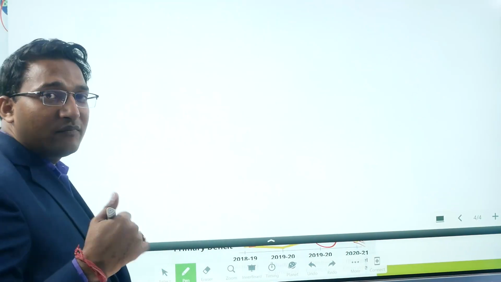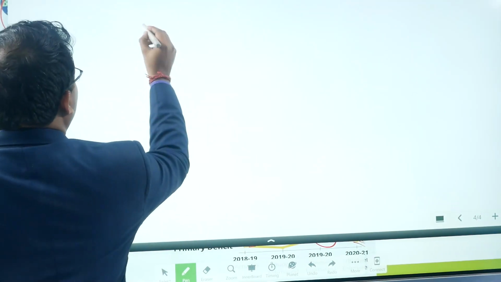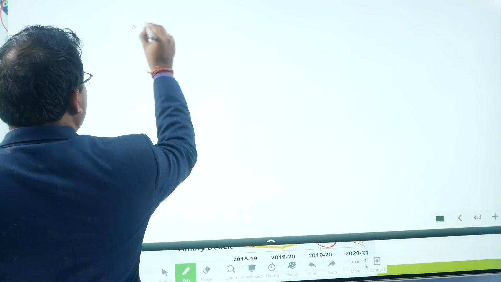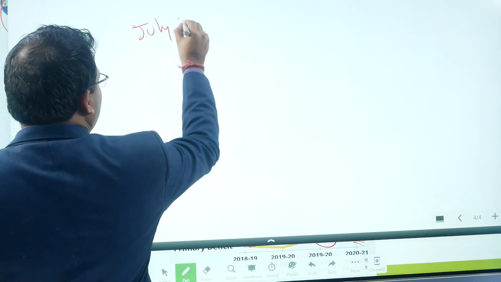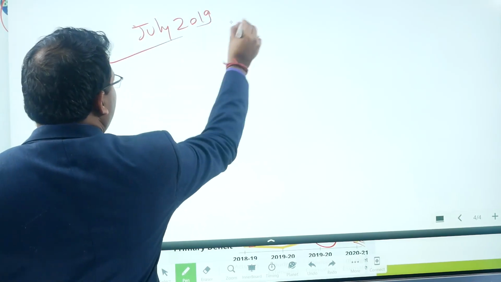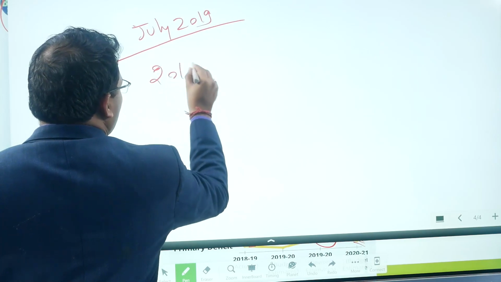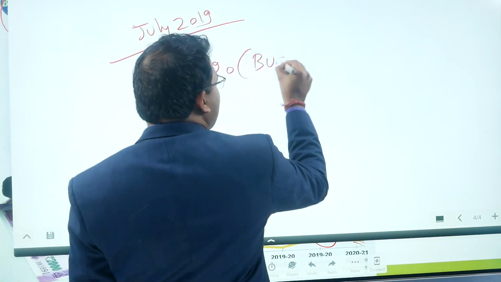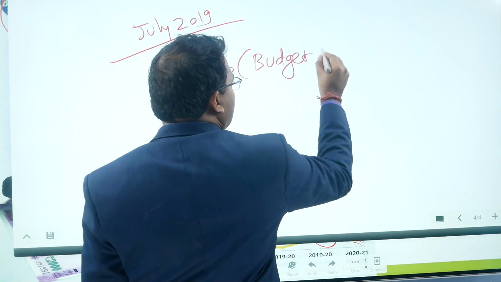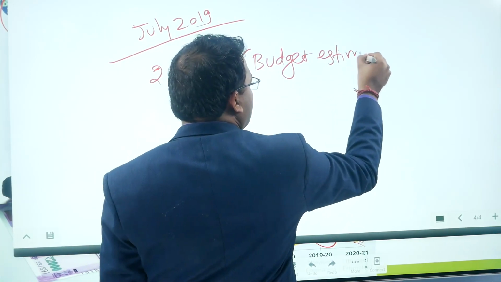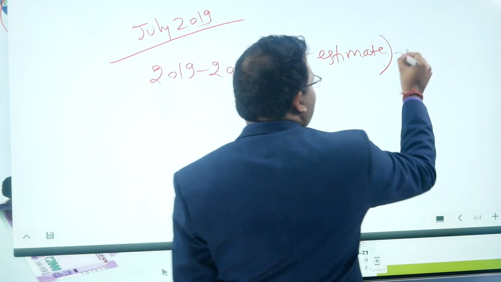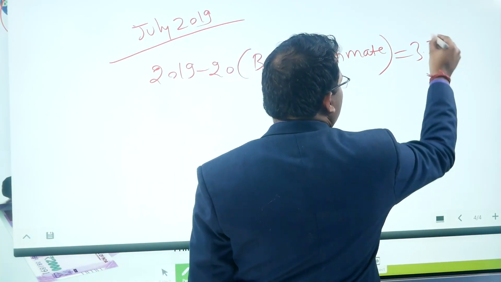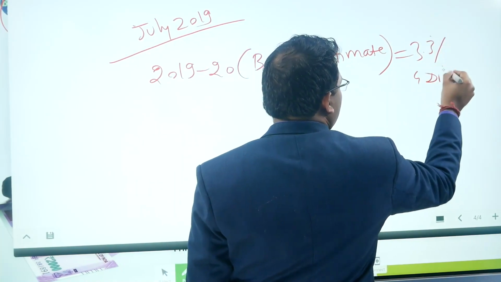there are multiple types of figures which the government gives. So when the budget was presented in July 2019, the government said that for 2019-20, our budget estimate is that the fiscal deficit will be 3.3% of GDP.